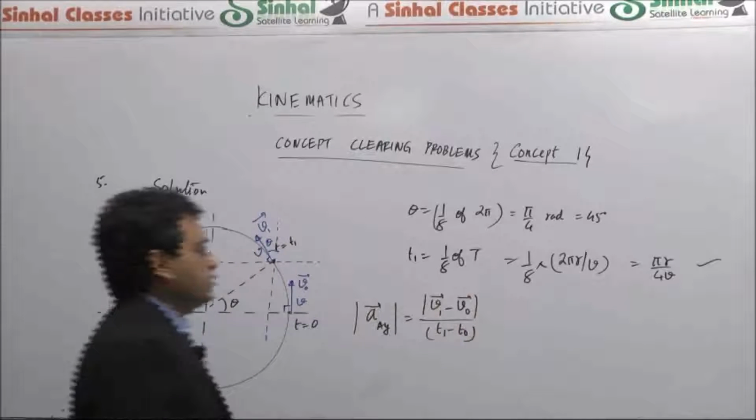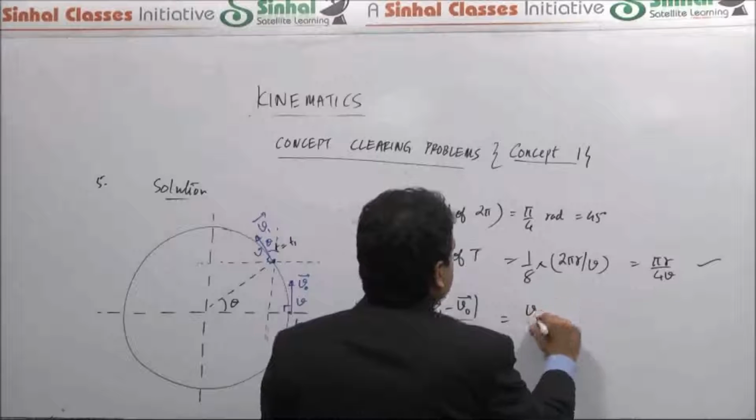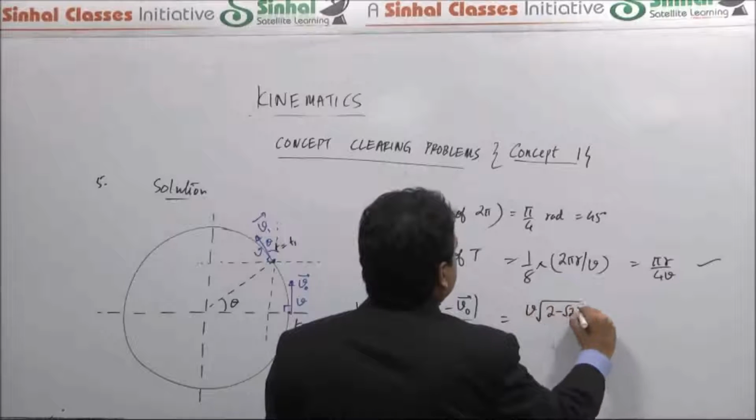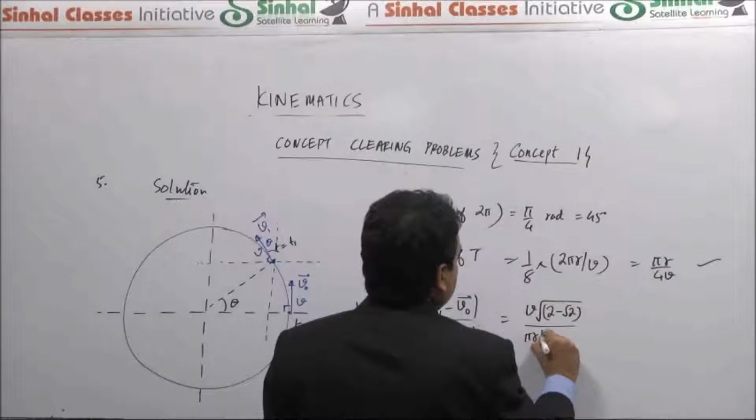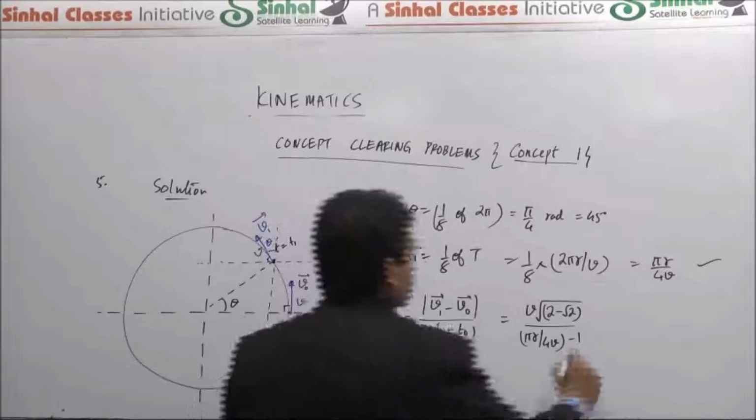The magnitude of change in velocity we had just seen was v into square root of 2 minus root 2, and time is pi r by 4v.